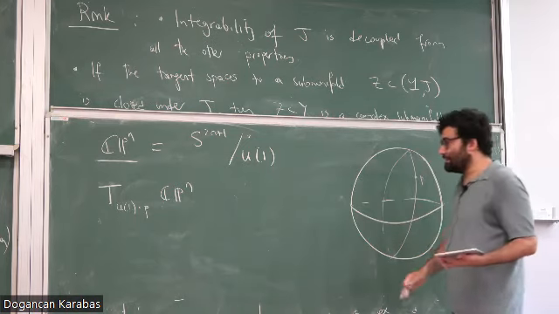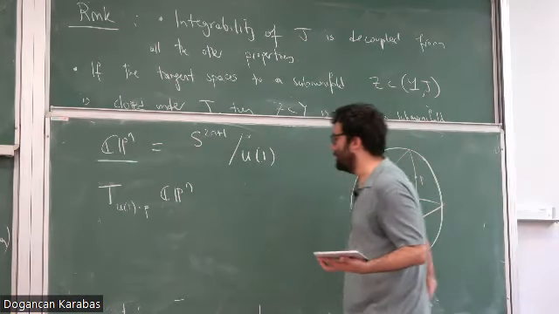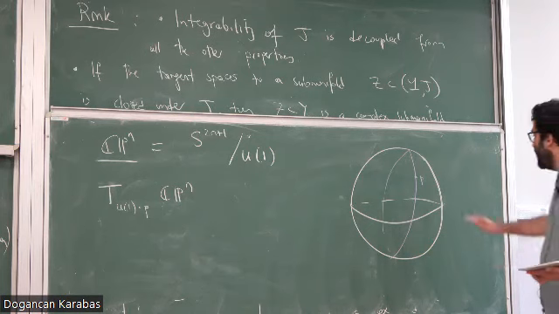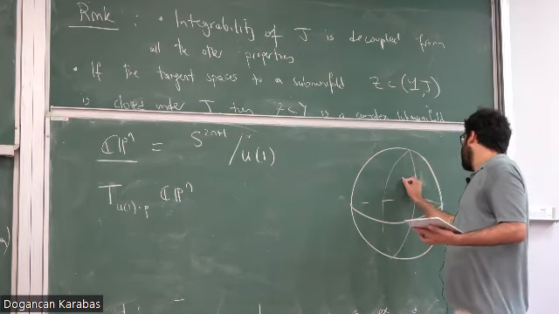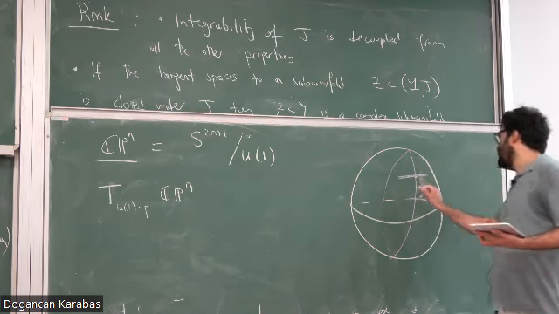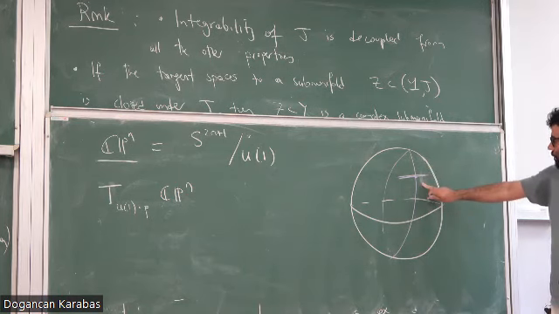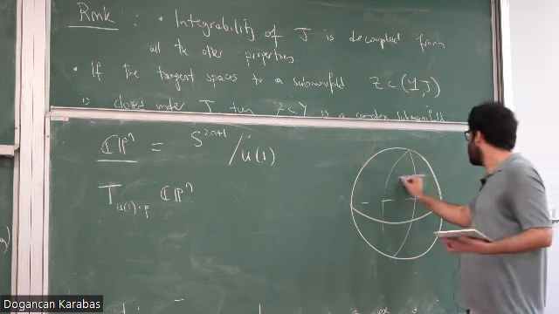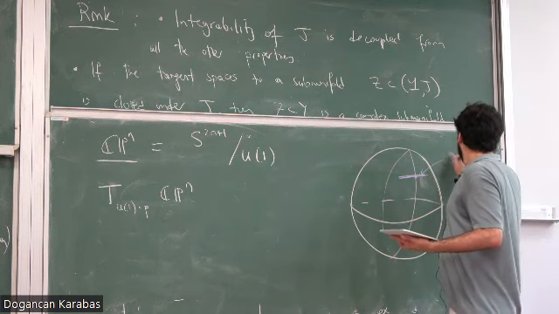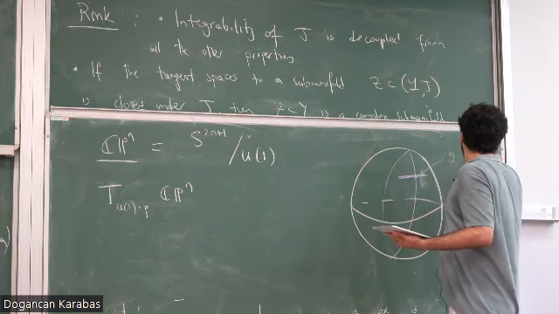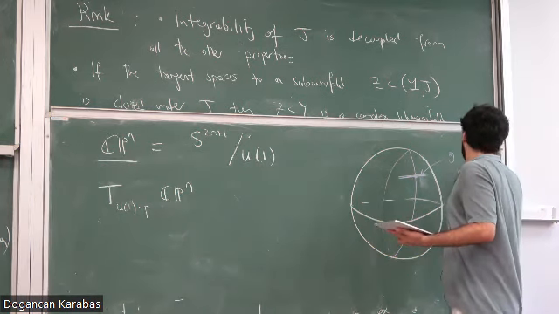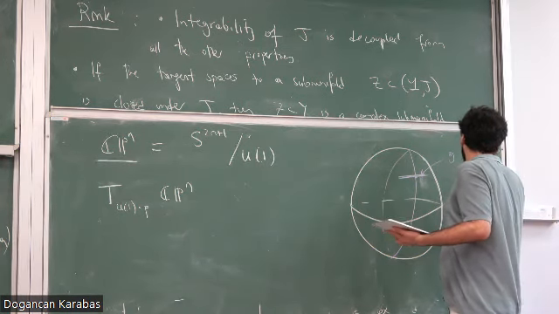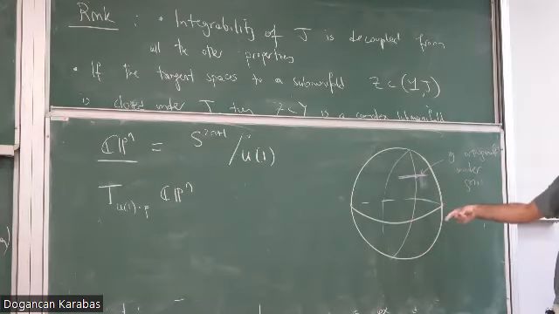The tangent space to such a point of CPn can be identified canonically with the perpendicular to this orbit inside S2n+1 with respect to the standard metric. So this is the g orthogonal inside S2n+1.